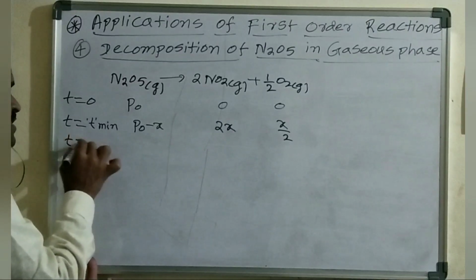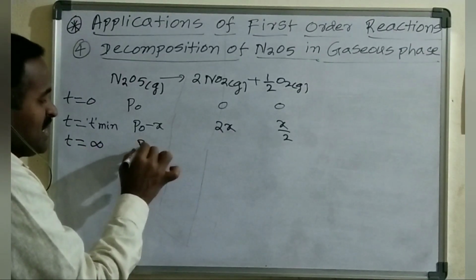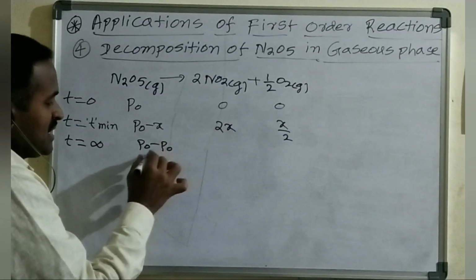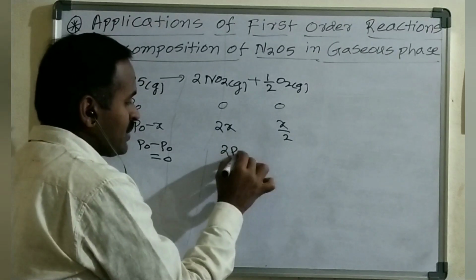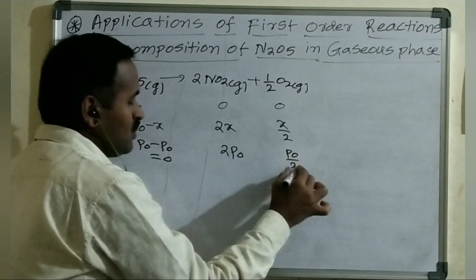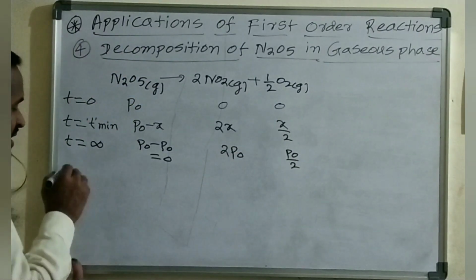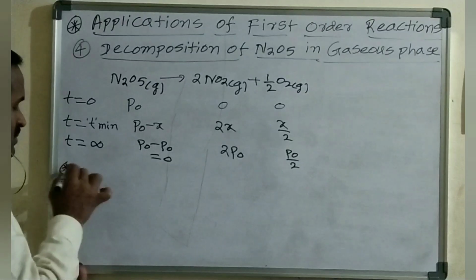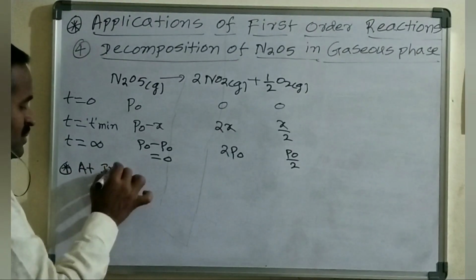So at time t equals infinite time, this will become P0 minus P0, that equals 0, and this will become 2P0, and this is P0 divided by 2. So 2P0 as well as P0 by 2 at infinite time.